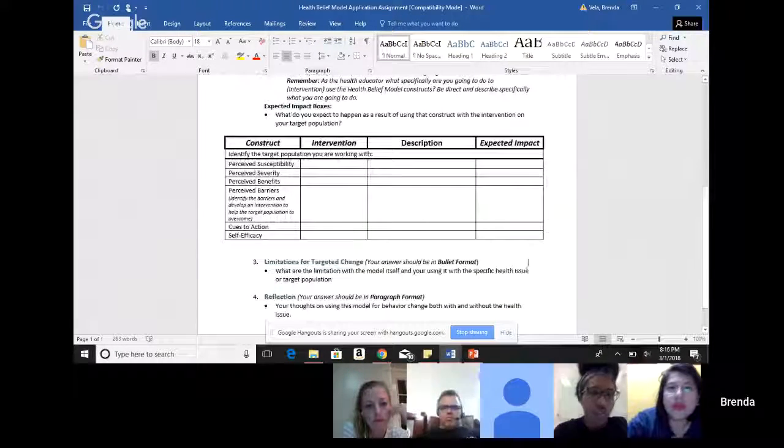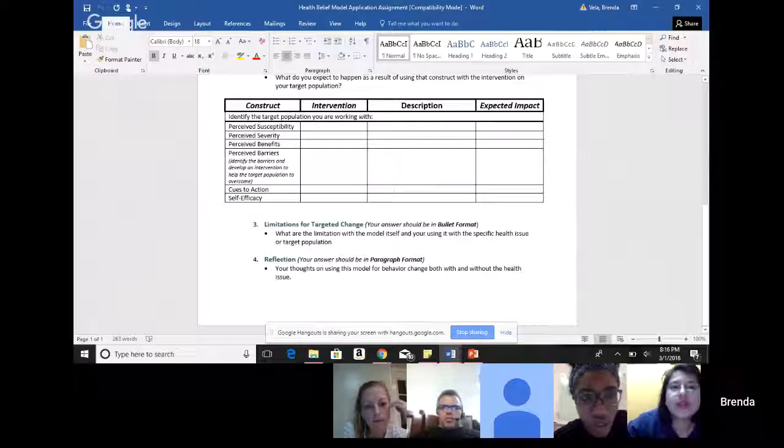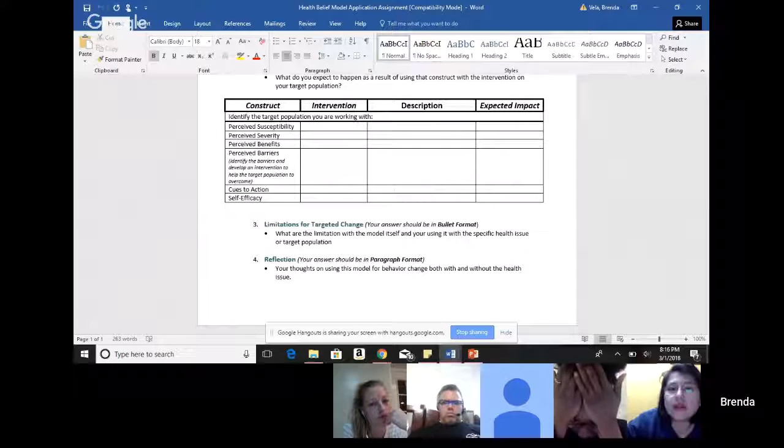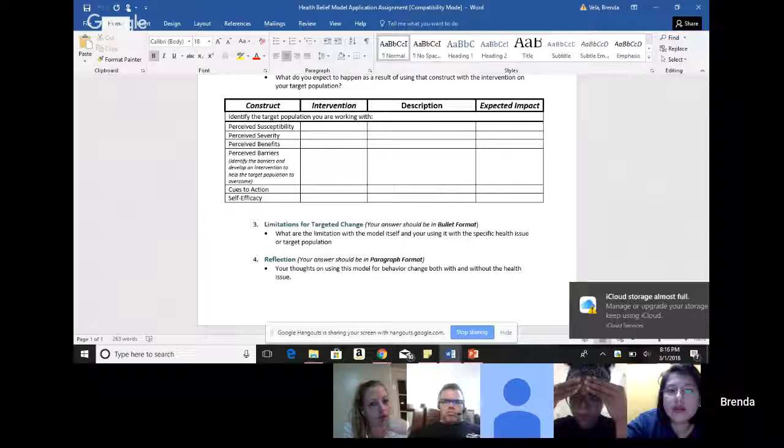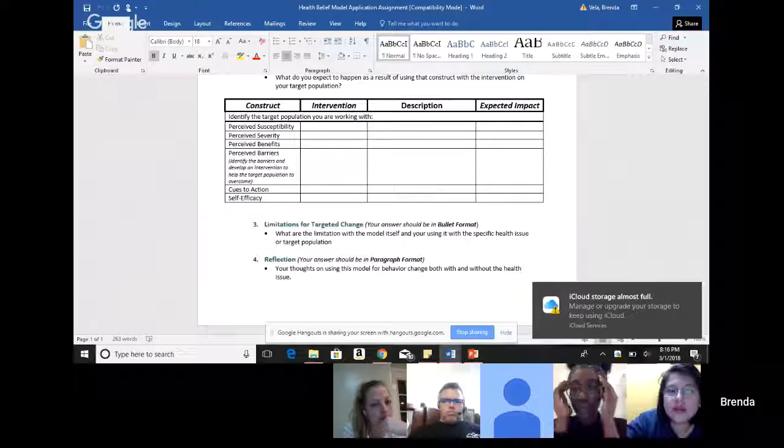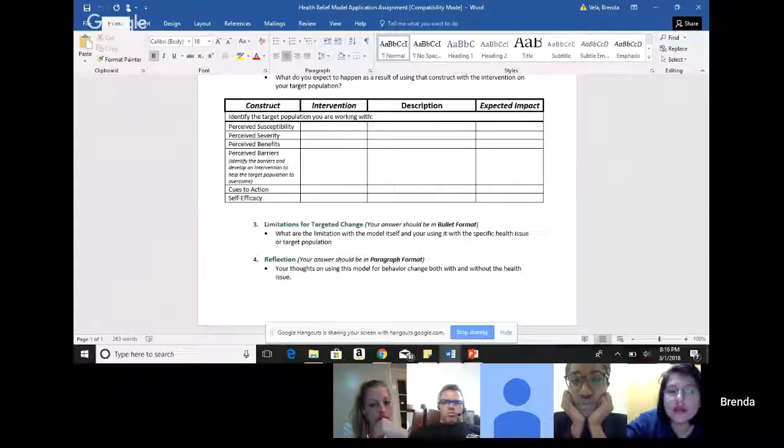I have a question on the intervention boxes. Should we base our interventions on the table we completed in lesson 3, or just relate them to the constructs of the model? All you have to do in the intervention column is look at that intervention table from lesson 3. There are 8 different types, like health education strategies, social activities. That's all you have to put in that column.